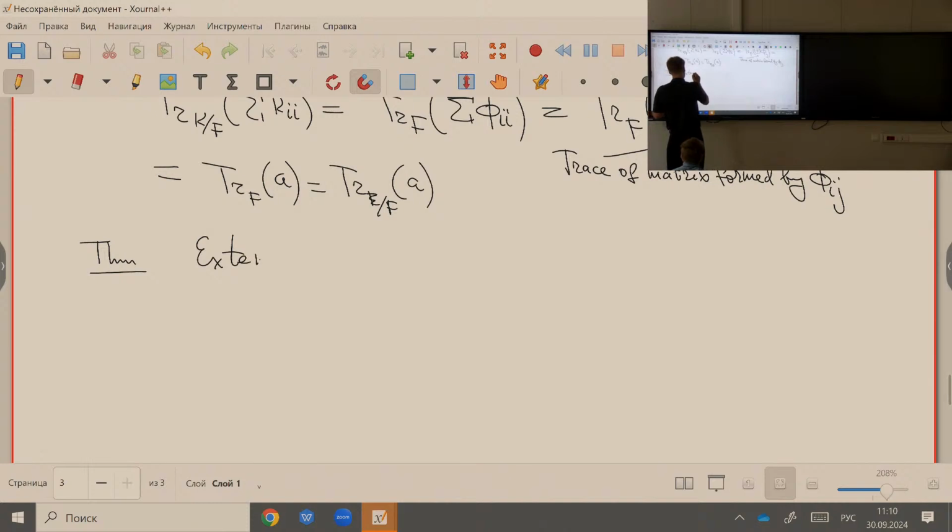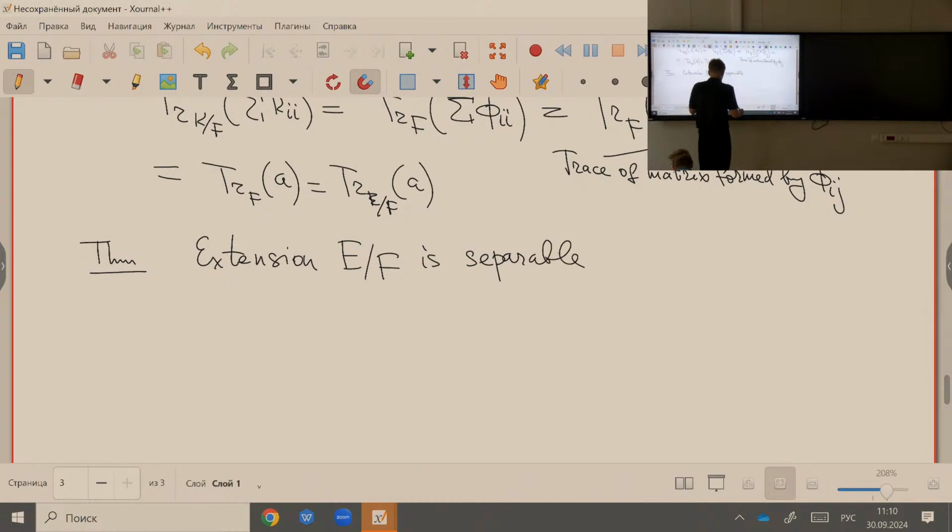The extension E of F is separable if and only if the trace of E over F is a non-zero function.